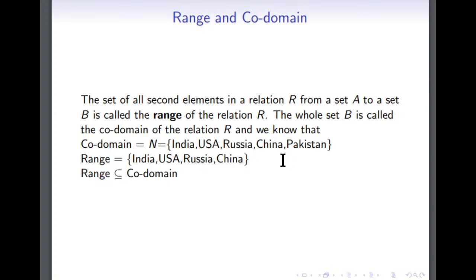I am repeating my statement about range and codomain: range includes only those elements of codomain which are image of some element of domain, as we can see. So range is always a subset of codomain. Range can be equal to codomain, or may not be equal to codomain. This depends upon the possibilities. Okay.